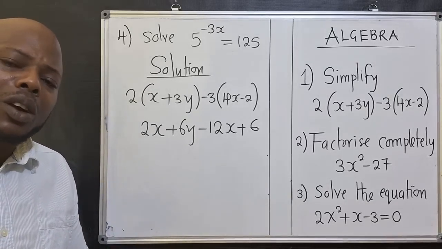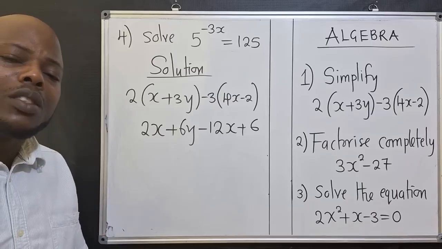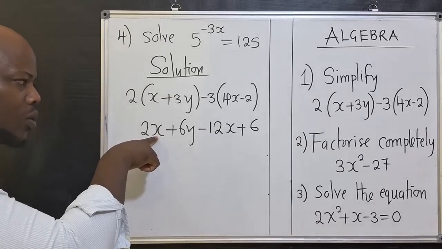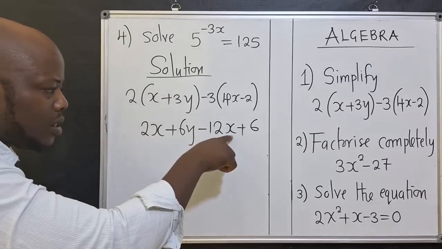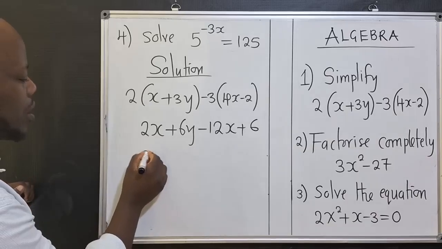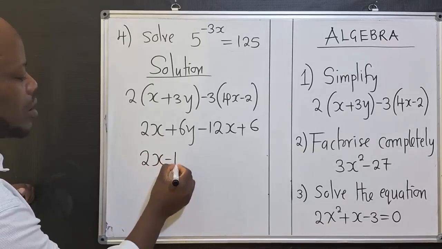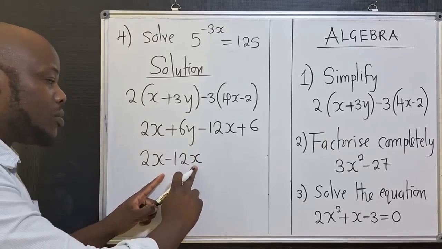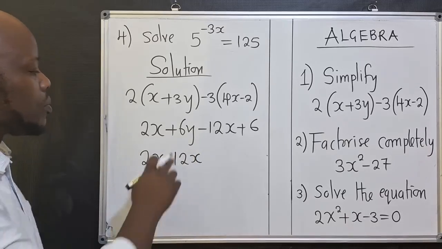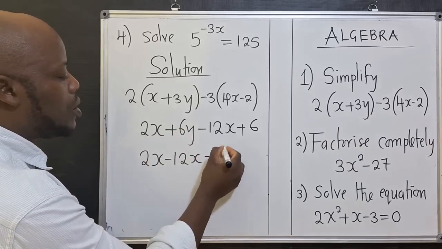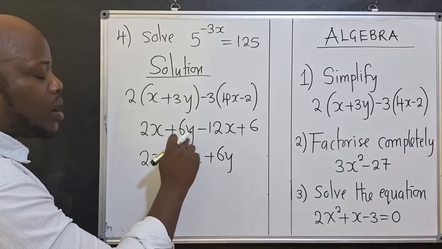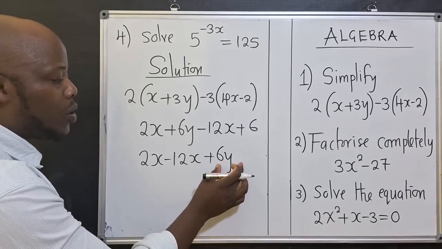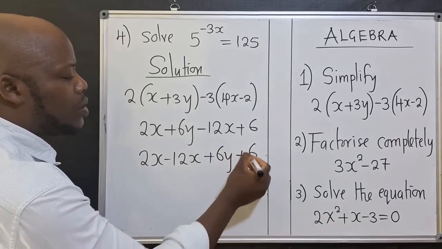After getting rid of the brackets, we now group the like terms. We check, this one has got x. Which other term has got x? It's this one. So they can be together like this, because they have similar variables. Next, we come to 6y. Do we have anything that has got y here? No. So this one will be alone. Next, we go to a 6.